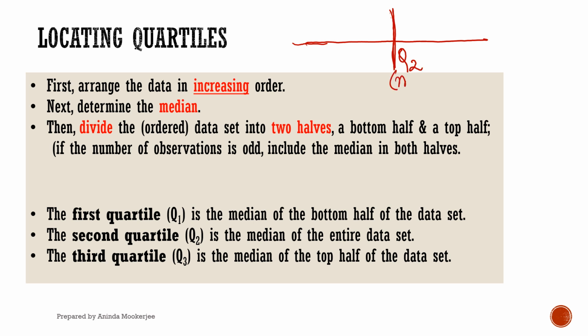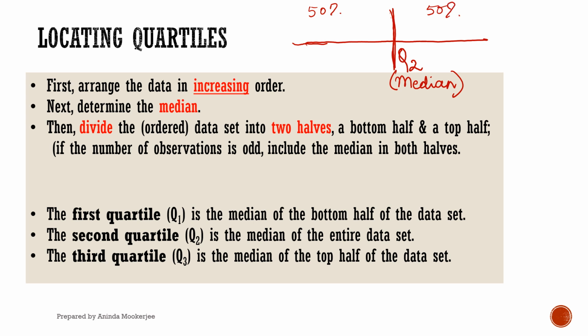All right, so we will start by finding the second quartile, quartile 2, which is the same as the median. Quartile 2 is the median. So when we just have the median defined, we will have 50% of the data to the left and 50% of observations to the right.